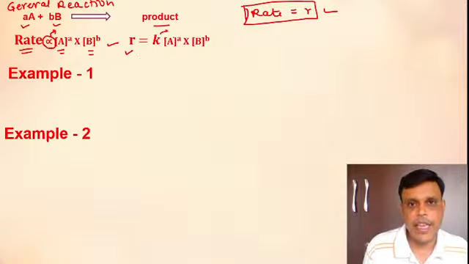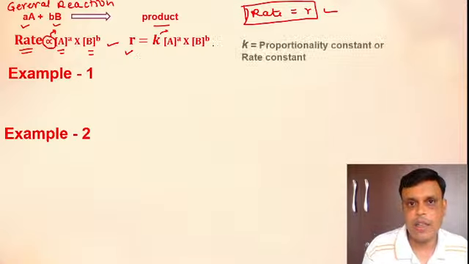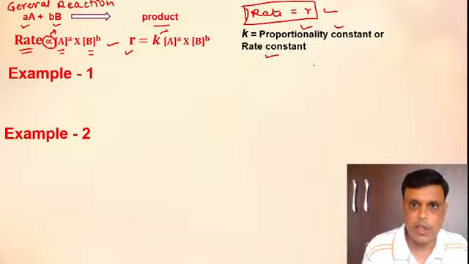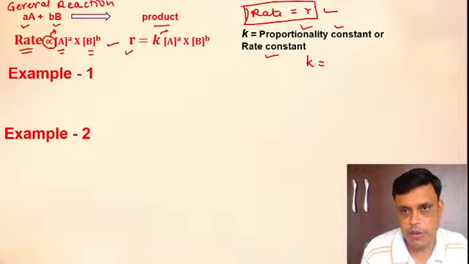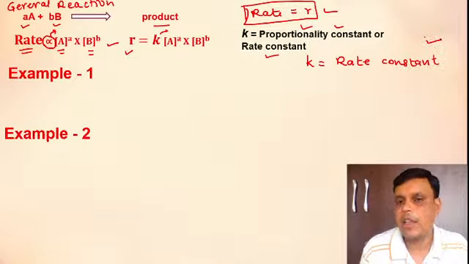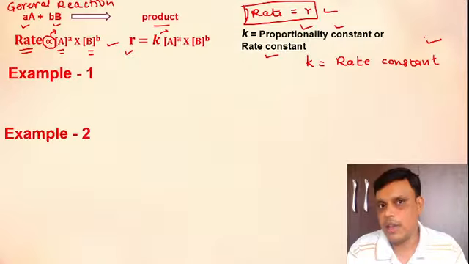This K is called the proportionality constant, or it is also called the rate constant. K is nothing but the rate constant.